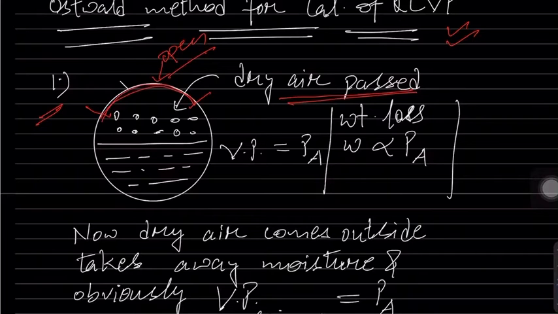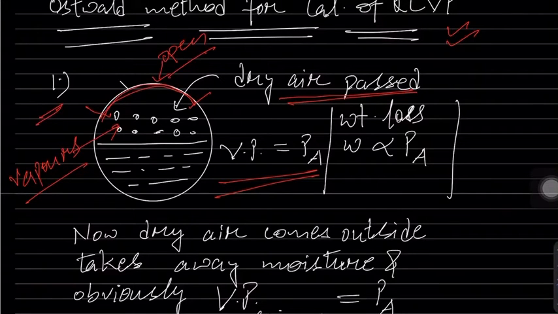So what is happening? The dry air is coming inside. These are the vapors, and it is taking vapors along. So let us say the vapor pressure of the solution is PA. Initially vapor pressure of the solution is PA.